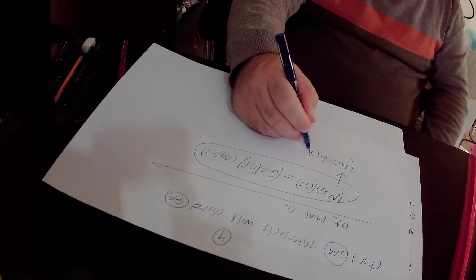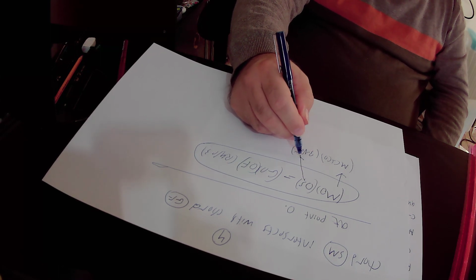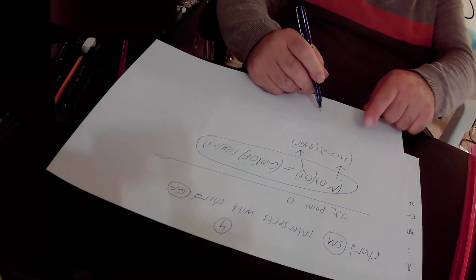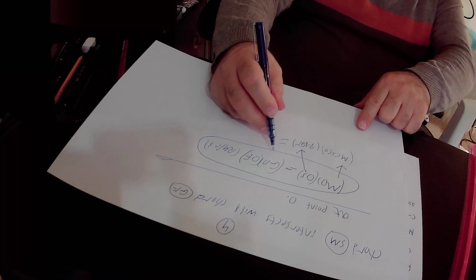So OS equals 3 minus square root of 2r, and MO equals MC plus CO, and it is equal to GO.